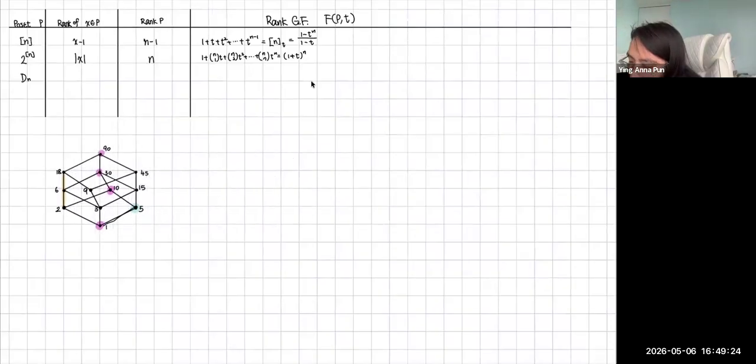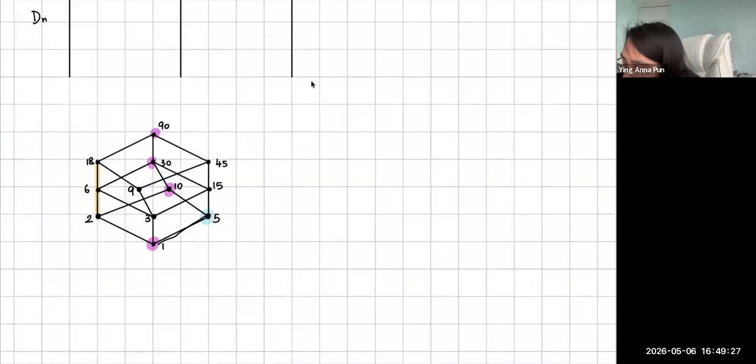I want to know, okay, randomly choose a number, for example 30. How do I know what its rank is? In here, we realize that any path I go here always has 1, 2, 3 edges. So I know that it should be of rank 3.